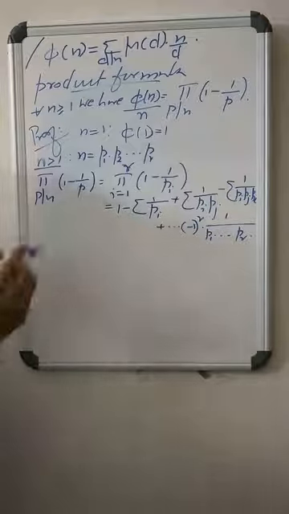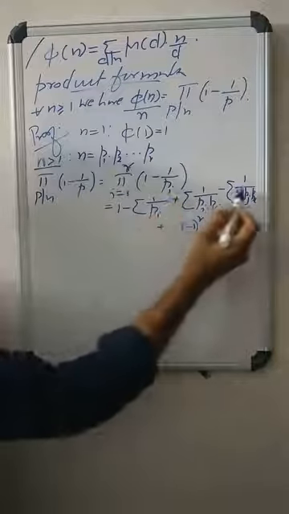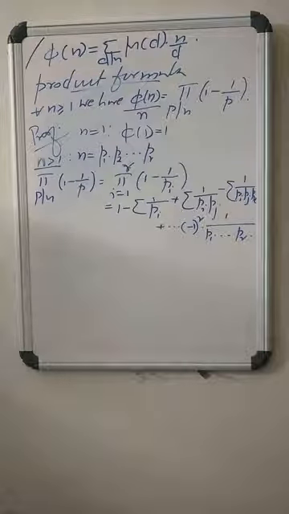Thus finally the product over p dividing n of 1 minus 1 by p is 1 minus the sum of 1 by pi plus etc. plus minus 1 power r 1 by p1 etc. pr.